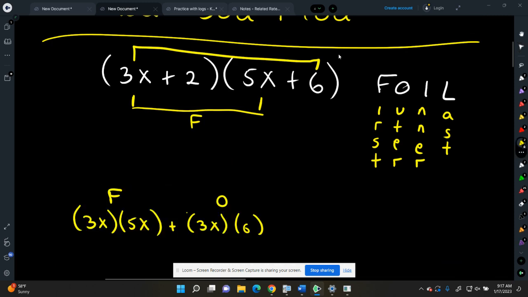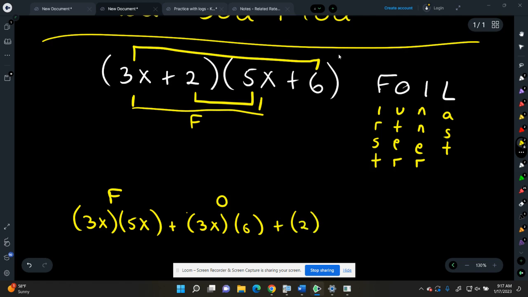Okay, and then we're going to do inner. So here's the inner right here. So this is plus 2 times 5x. That's the inner. It's the terms that are on the inside, right? And this is outer, this is inner.